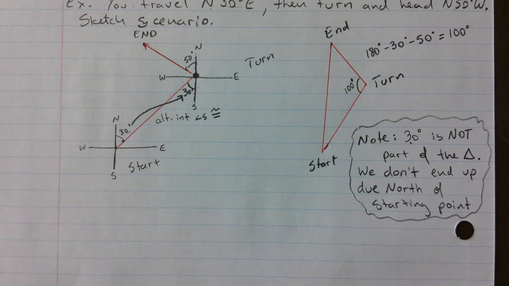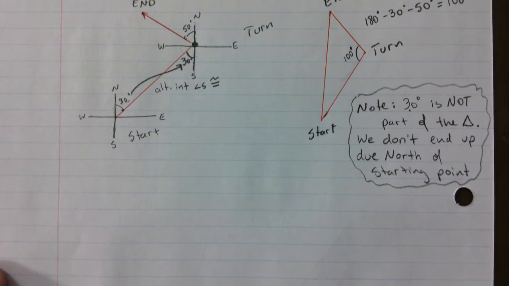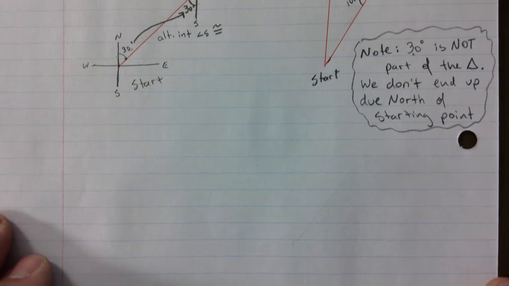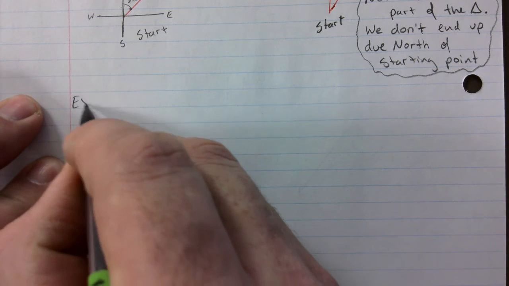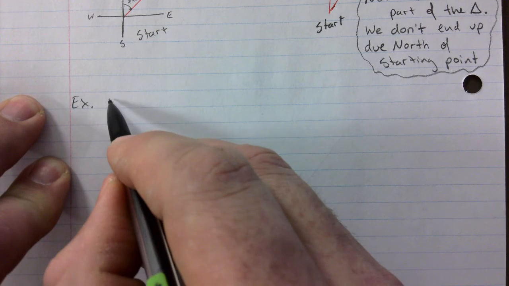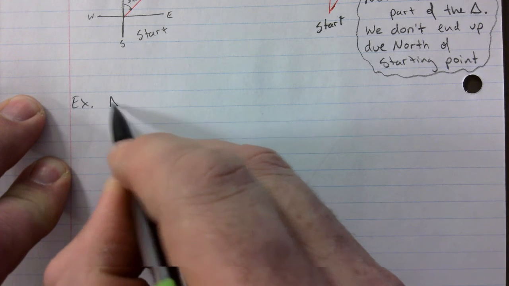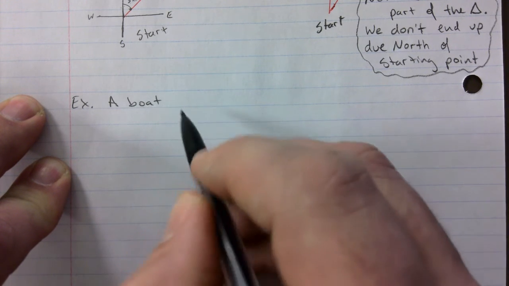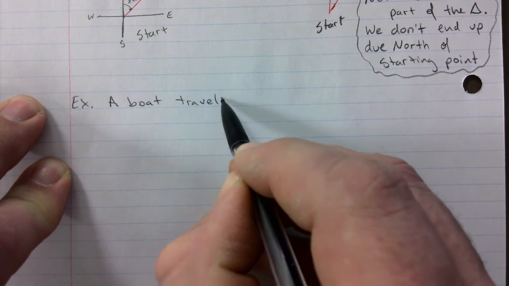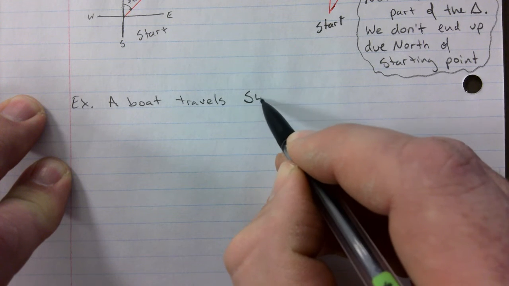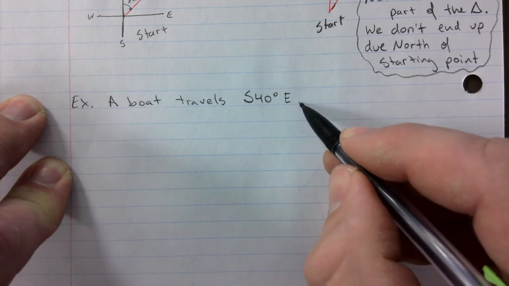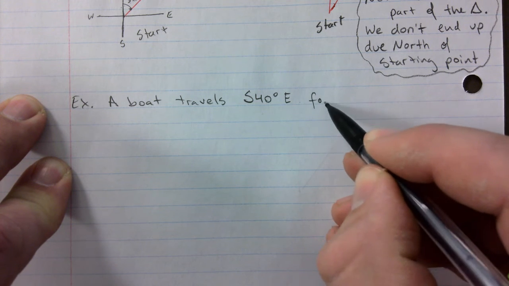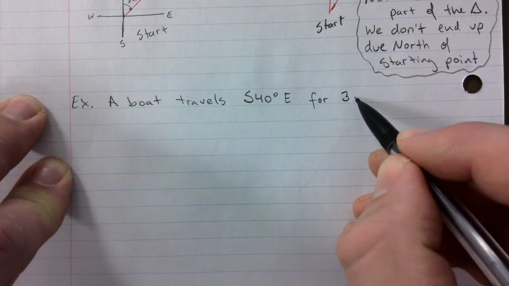Let's do another one. Example. A boat travels south 40 degrees east for 3 miles.